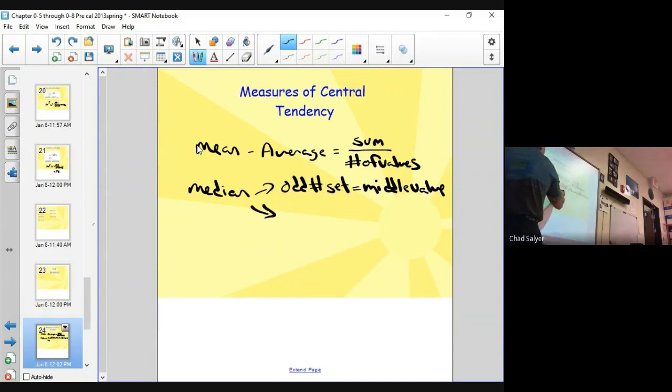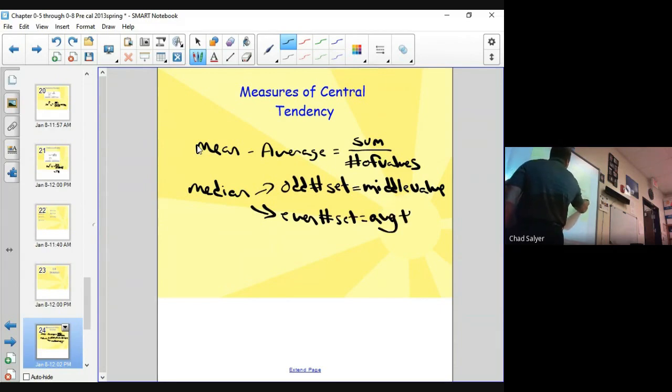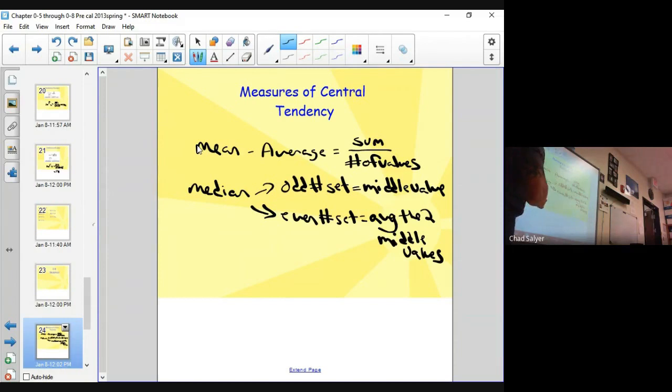If you have an even numbered set, you're going to average the two middle values. So that's median. And then finally the mode, which is the most frequent value.